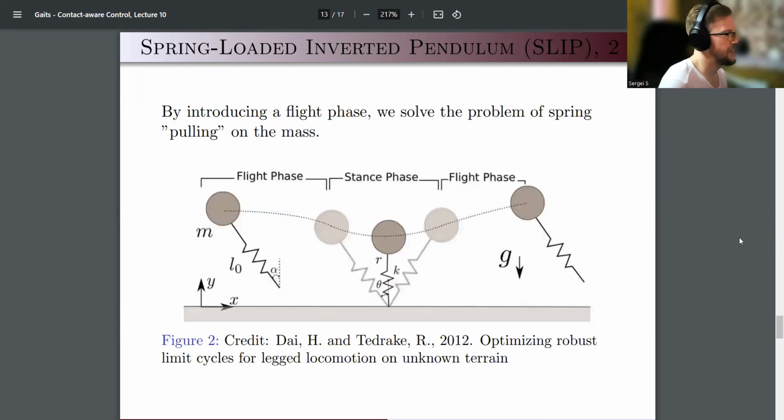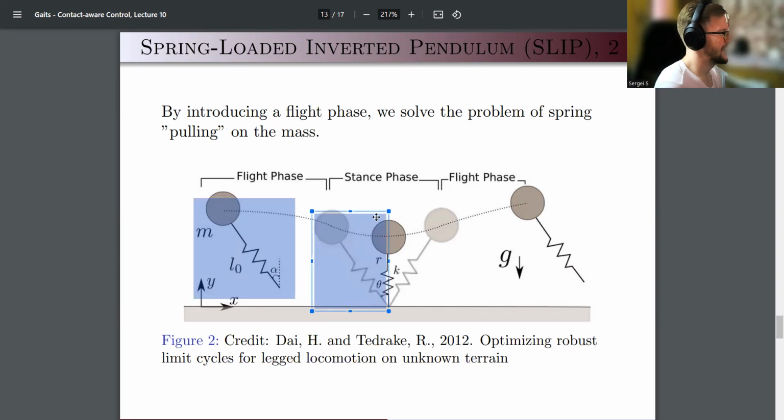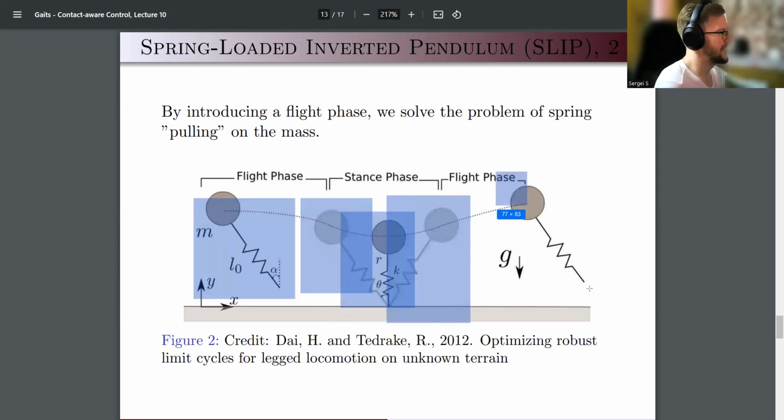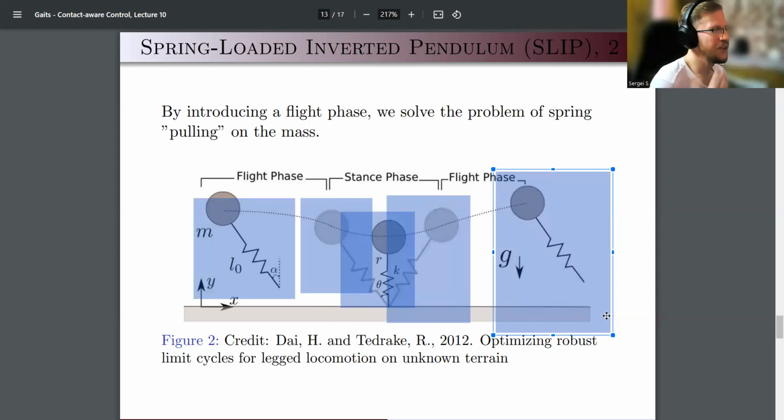So the way this model looks is like this. So we have what we call a flight phase, which I'm not sure I'm super happy about, because this picture sort of suggests that this guy flies, lands, does this whole stuff here, and then flies again, which is how you would model this.